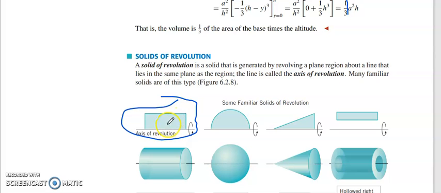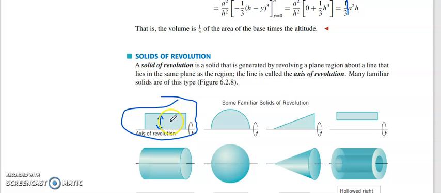With respect to that axis you are revolving the plane region. In this figure it is a rectangle, and the distance from this line is fixed.